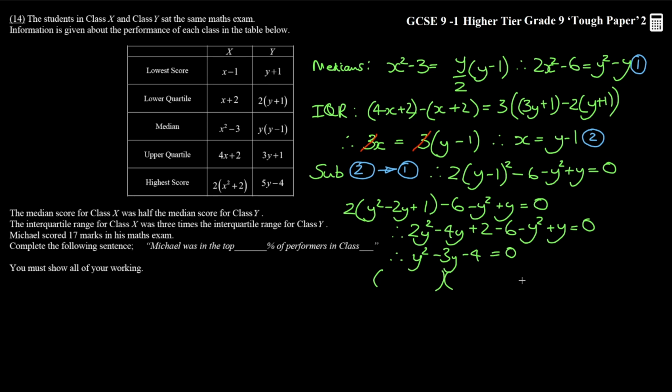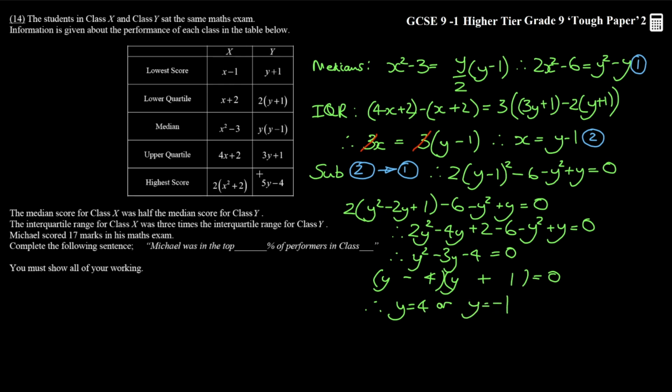Not a difficult factorization. Two numbers that multiply together to be 4, whose difference is 3. This is going to be 4 and 1. We get a y here and a y there. I hope you can see that that's going to have to be negative and that's going to have to be positive. So therefore I get y is equal to 4 or y is equal to negative 1.